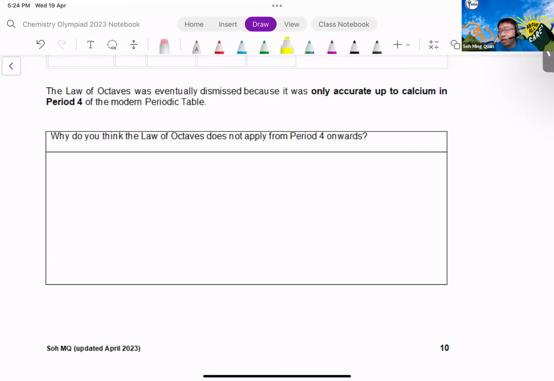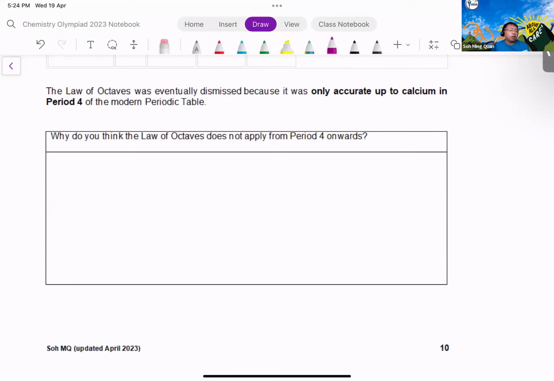Why not beyond calcium? Why do you not know how to fill in electronic configuration for, say, iron, zinc? It's because you have not learned SPDF at O level. You have not learned the electronic configuration according to SPDF. However, as part of Chem O, you did learn how to fill electronic configuration according to orbitals.